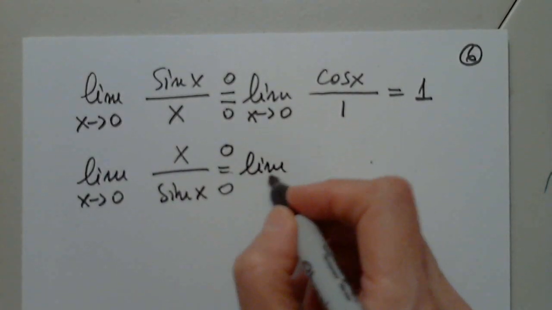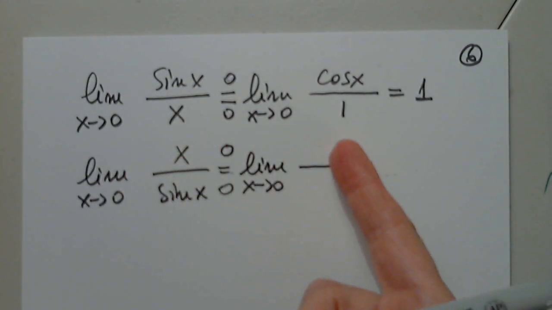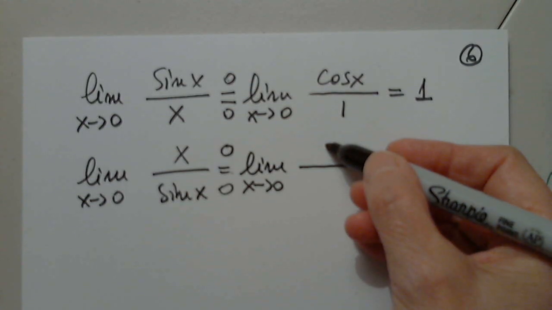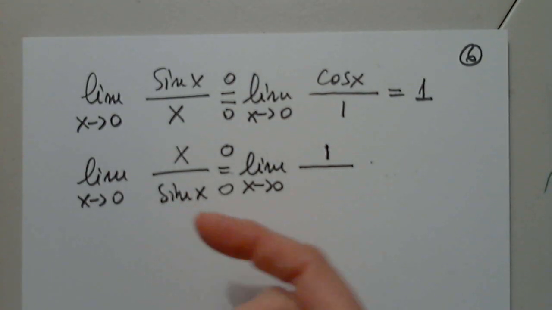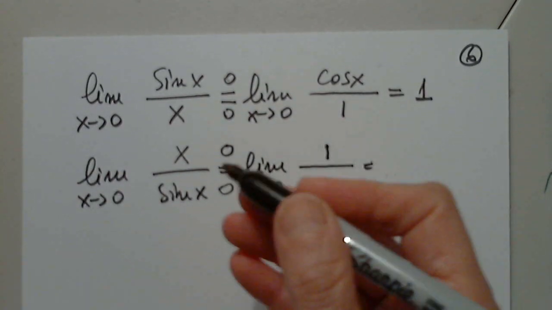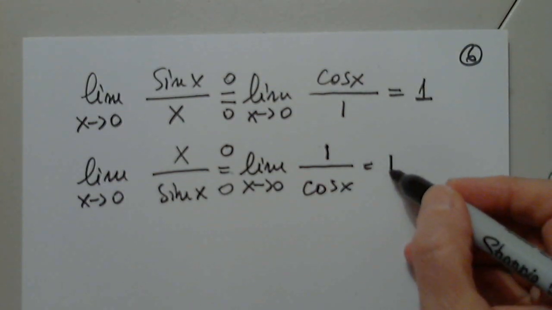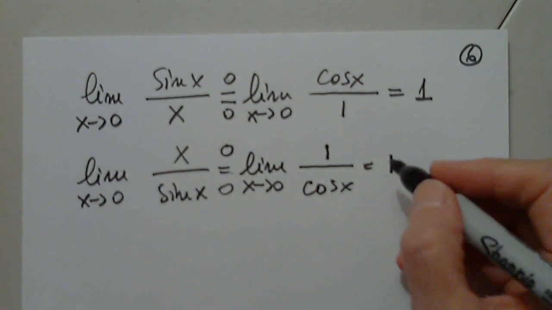So therefore, limit as x approaches 0. Please differentiate x. 1. Please differentiate sine. Cosine x. Please apply the limit. That would be 1. Excellent.